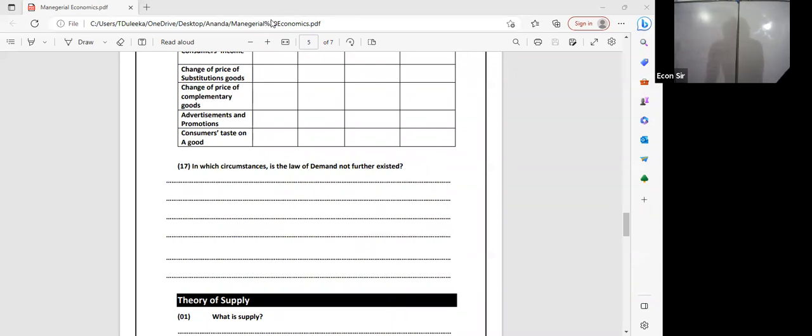Or else you can write the price of a product, or the price of such a product is used as an index of quality.